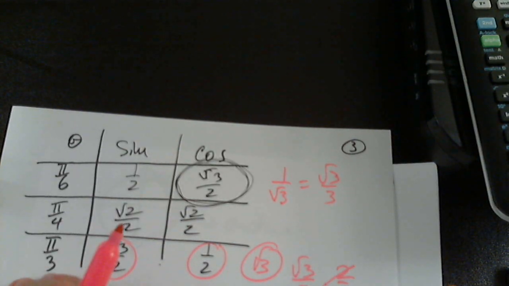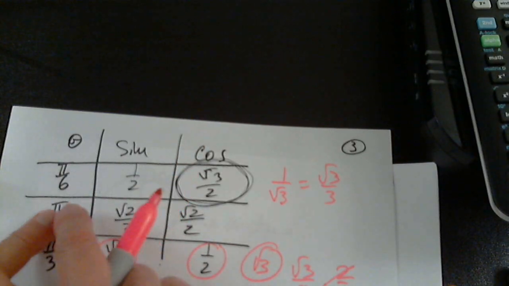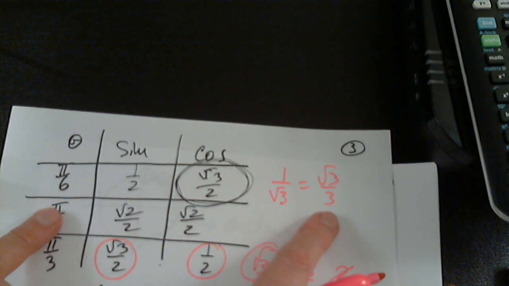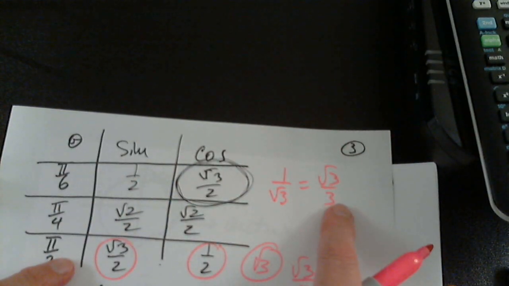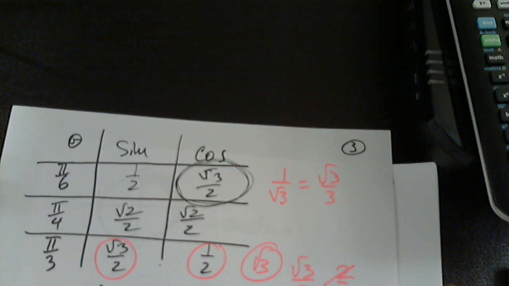So tangent of pi over 3, sine over cosine, and I get the square root of 3. Tangent pi over 6 is a complicated number. Is this divided by this, and after I flip, I have to rationalize. Is this better?